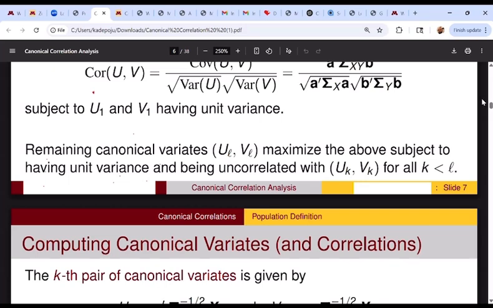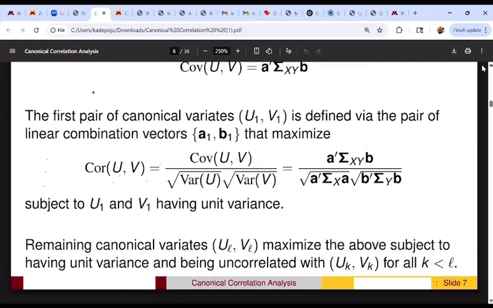Now, let me tell you this. This is a general form of principal component analysis. The reason it's a general form is that in principal component analysis, the first principal component has the largest variance, and the second principal component is next in terms of the magnitude of the variance. So we are also seeking the same for the canonical.